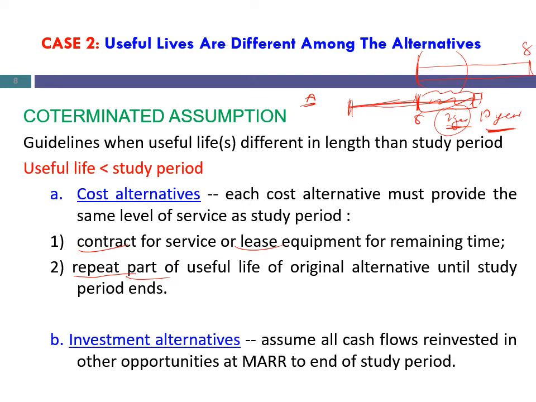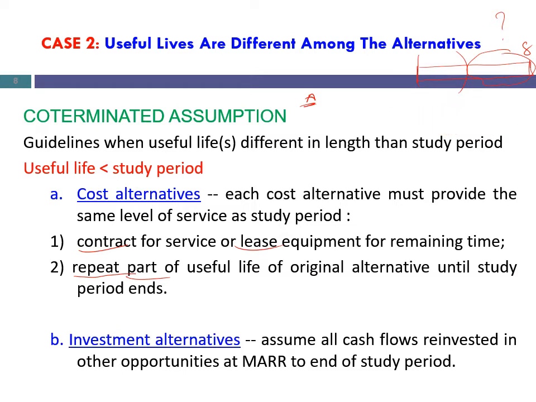Of course, you need to be careful while doing this. Whether it is possible to use only 2 years or not, we will talk about later. What will happen to the remaining project cash flows is important. But still, somehow we need to fill in this gap, and we need to satisfy the service requirements.